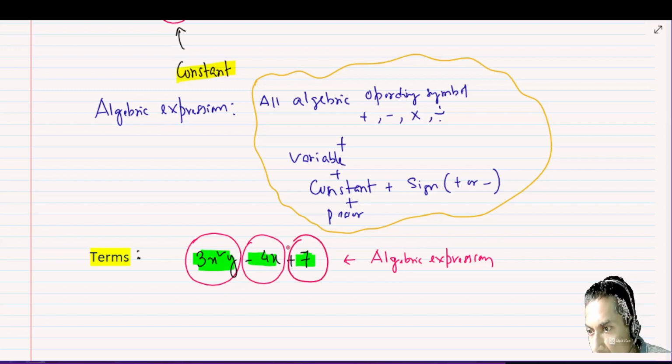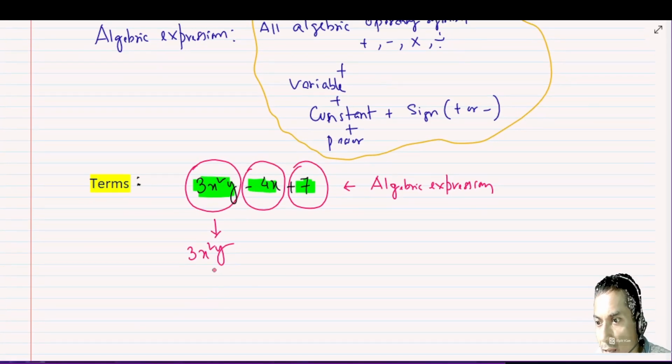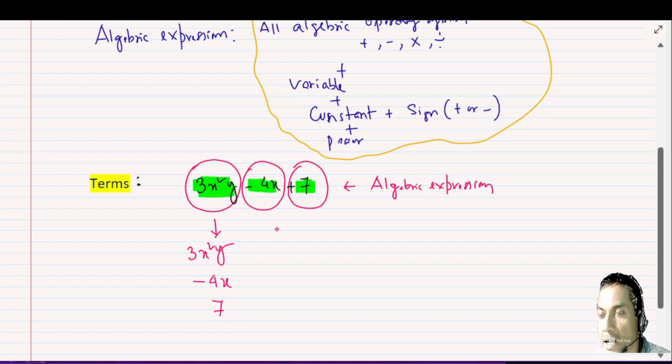So 3 terms are there. One is 3x square y, another is minus 4x, another is 7. Clear? Here it is 3 terms. So this algebraic expression has 3 terms separated by the plus and minus. Clear? So next we learn the coefficient.